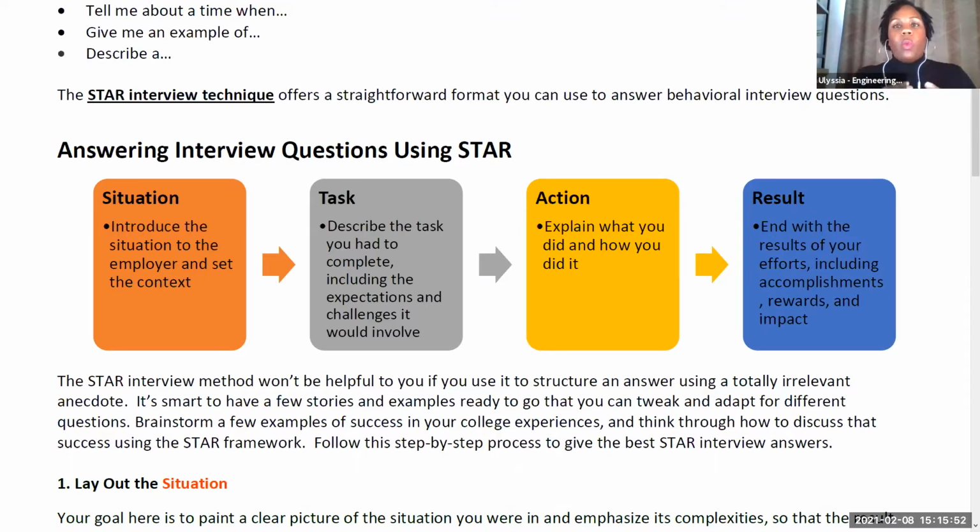So, the reason why you need to use the STAR format in your answer is because when you begin to respond to the question, let's say, for example, the question is, tell me about a time when you went out of your way to help a coworker or a teammate. The tell me about a time gives you your indication that this is a behavioral question.